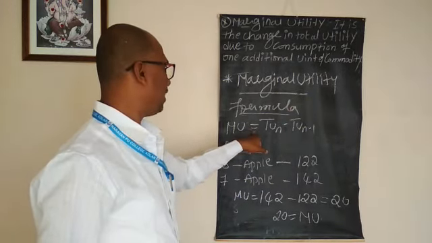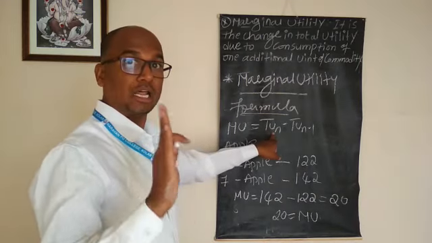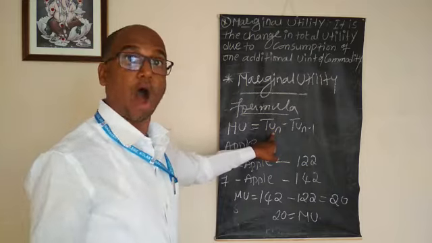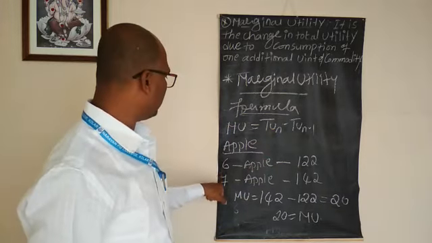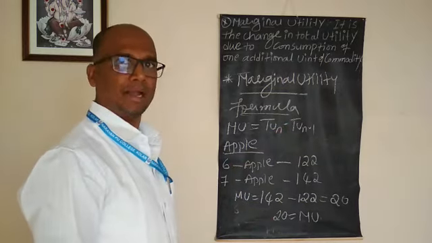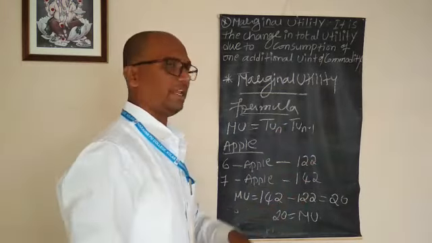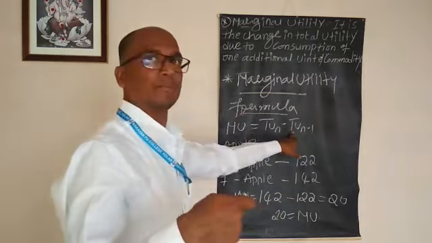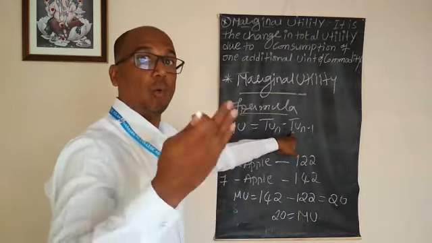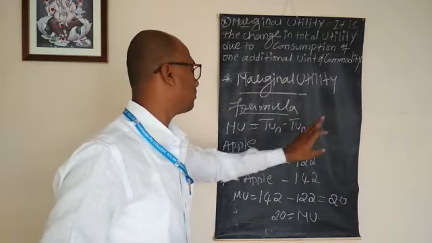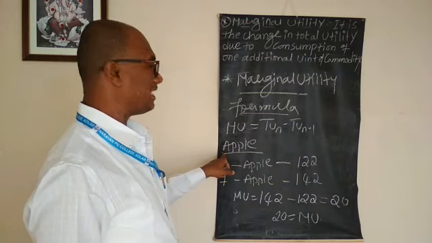MU is equal to TUN, the total utility obtained by the consumption of all units of the commodity, here 7 units of apples, minus TUN minus 1, meaning the utility obtained before the additional unit.